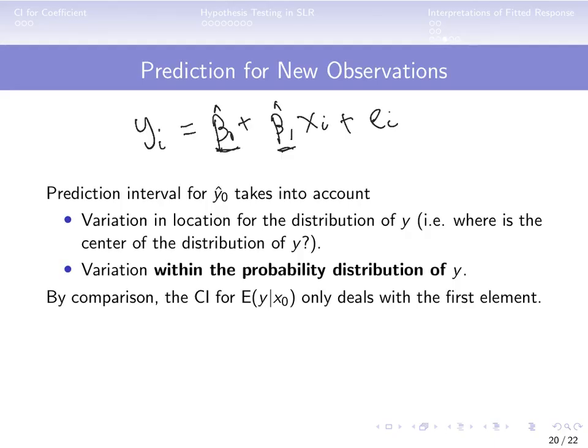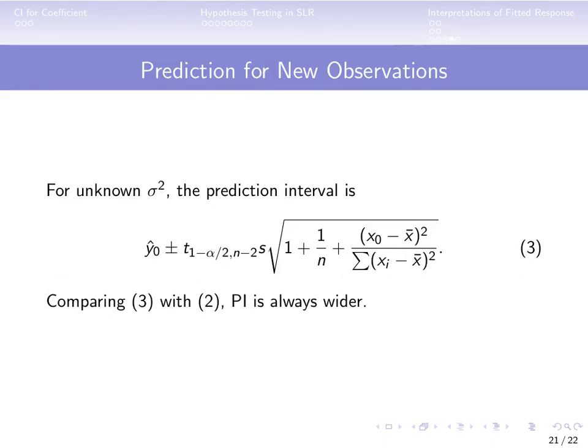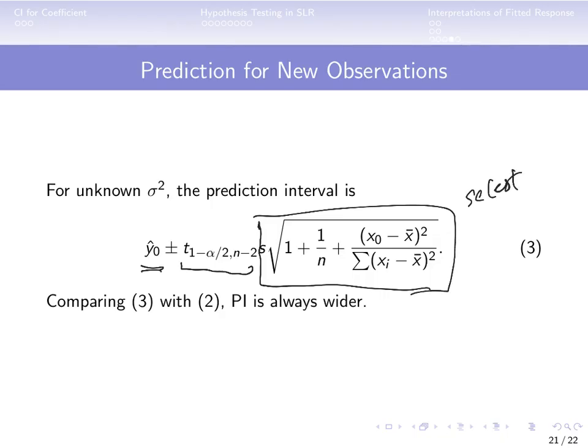But when you're talking about an individual value, you have the variation from your intercept and slope, but also from your residual. This is the additional source of variation that comes in, whereas in the previous interpretation, it only takes into account bullet point 1. So for the prediction interval, the estimate is y hat, there's the multiplier, and that is the standard error of y hat, the estimate. That's the standard error of the estimate, which is that over there.